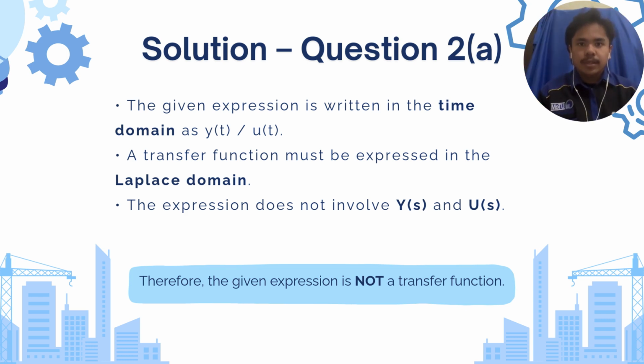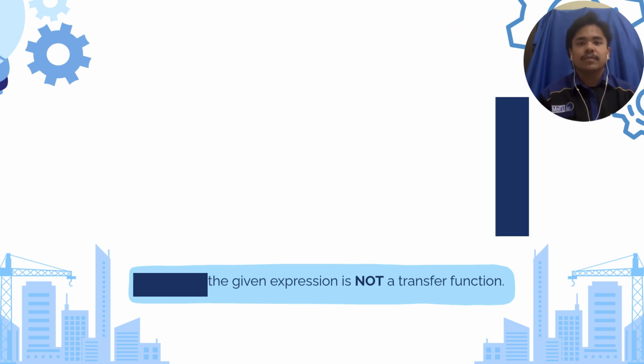In this question, the given expression is y(t) over u(t), which is written in the time domain and contains a polynomial of time. Since the expression is not represented in Laplace domain and does not involve Y(s) over U(s), it does not satisfy the definition of transfer function. Therefore, the given expression is not a transfer function.